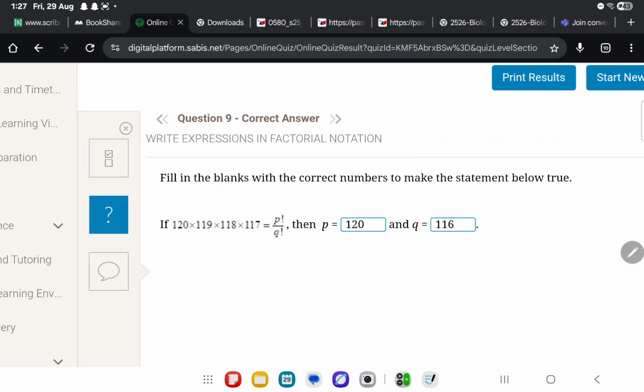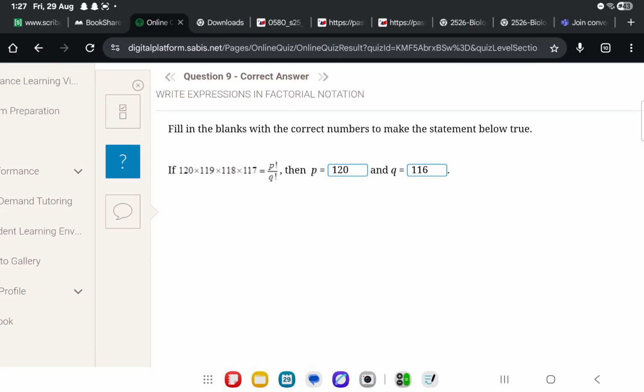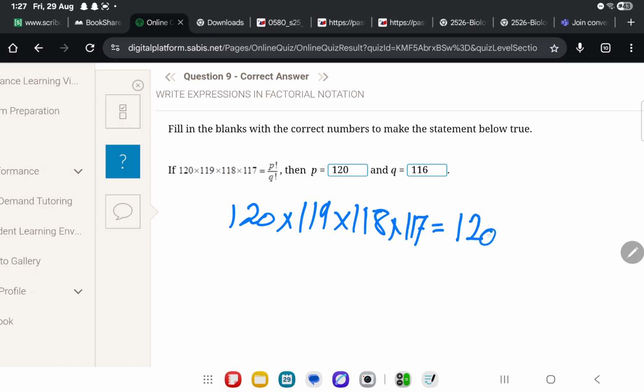Question 9. If 120 times 119 times 118 times 117, okay, this is another thing about n factorial: n factorial is equal to n into n minus 1 factorial. It's just an application. So here, 120 times 119 times 118 times 117. This is obviously signaling that we're starting with 120 factorial, right?